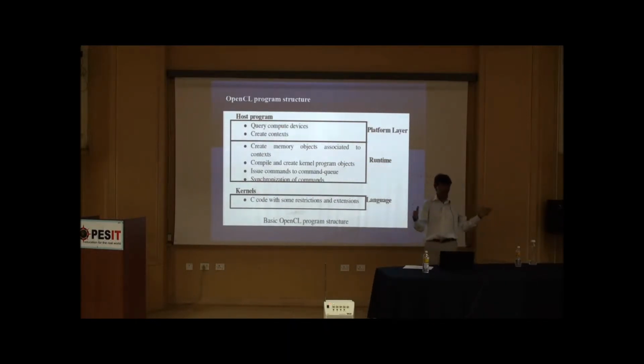Now you have identified the devices, you have to create a context so that your kernel will go and run there. So you have an API to create a context. Then you have to create memory spaces. What are memory spaces? If I say int a, what does it do?